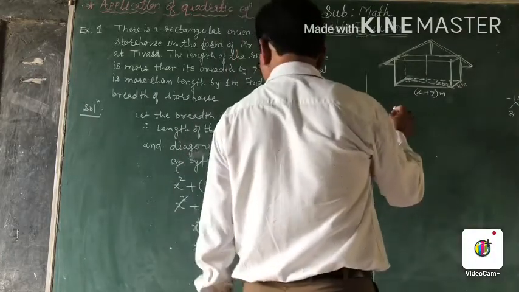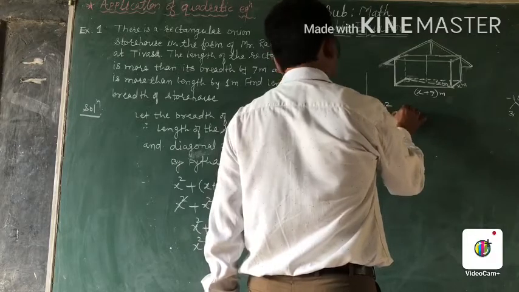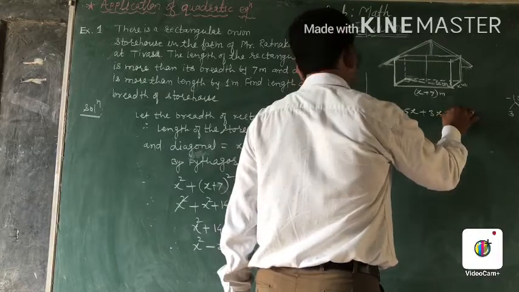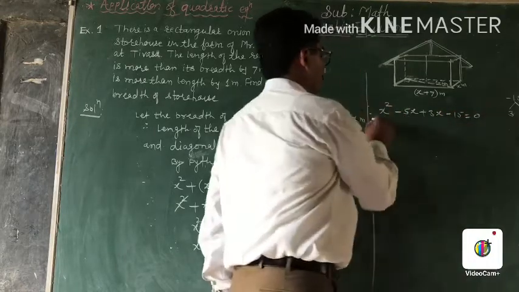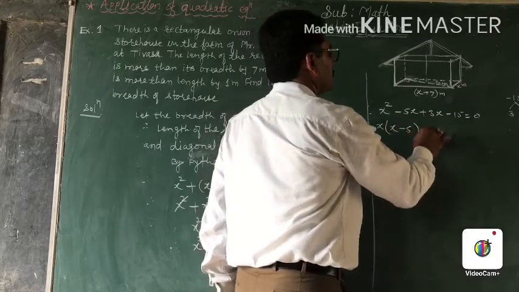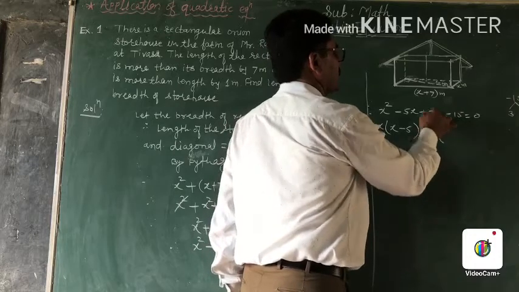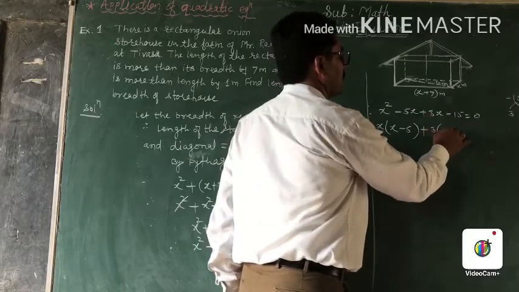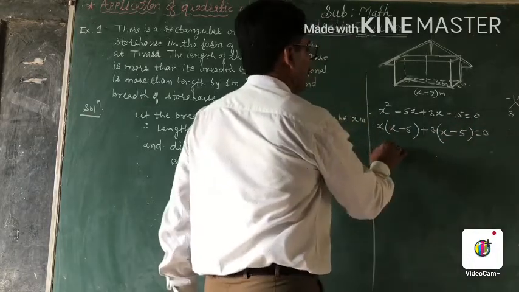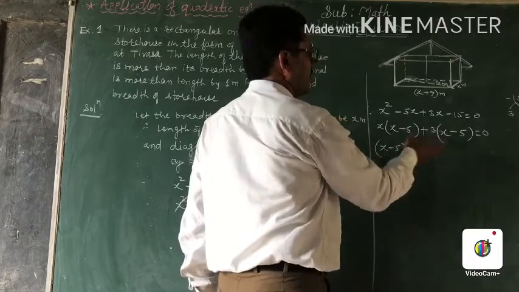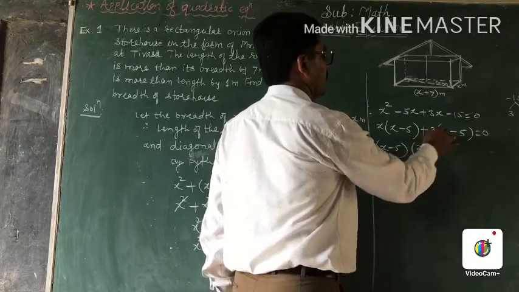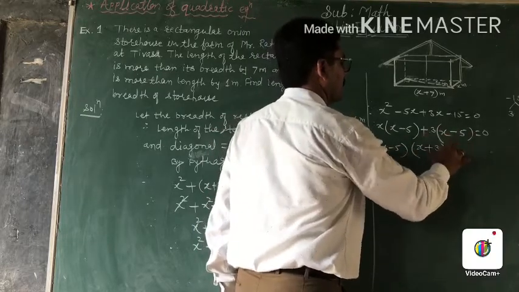Therefore, the splitting of the middle term gives x square minus 5x plus 3x minus 15 equal to 0. x is common from the first two, remaining x minus 5, plus 3 is common from the last two, remaining x minus 5. x minus 5 is common, and if we divide this, we get in another bracket x plus 3 equal to 0.